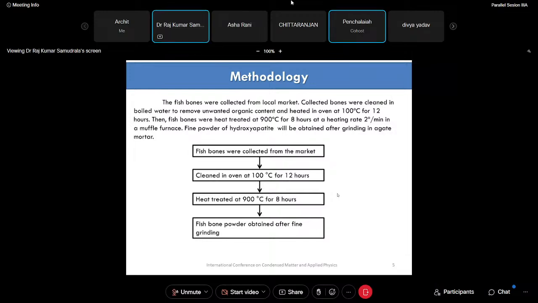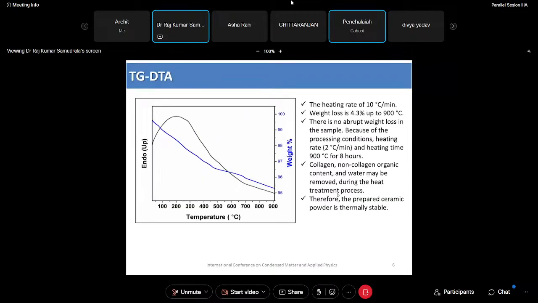Then these cleaned fish bones were heat treated at 900 degrees for 6 hours at a heating rate of 2 degrees per minute. After that, the fish bones were ground into fine powders. After the preparation of these powders, they are characterized with different techniques.